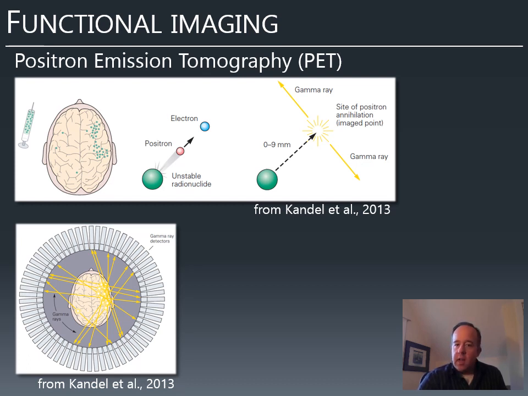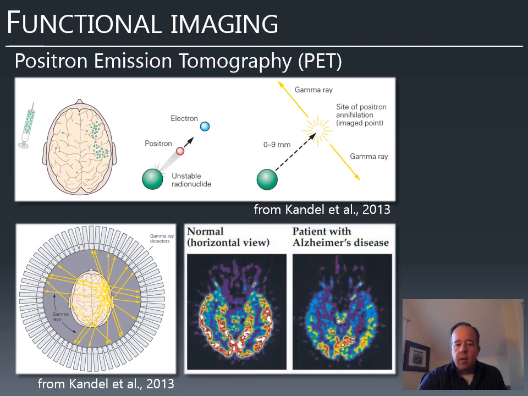Parts of the brain that need those sugar molecules will draw the radioactive molecules to them. And then when those molecules are there, they will release these positrons, and we can detect where the sugar molecules are, because those are the areas that release these gamma rays. That's where the radioactive sugar molecules are. It must be where the brain is active.